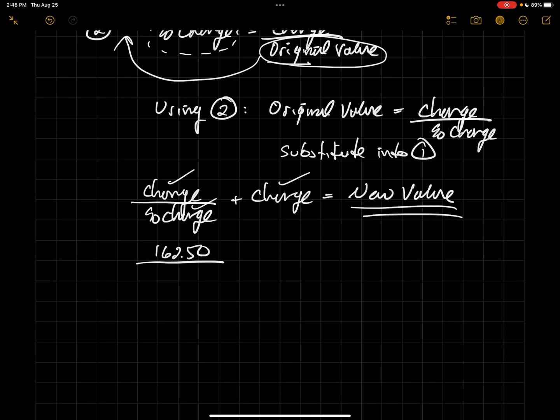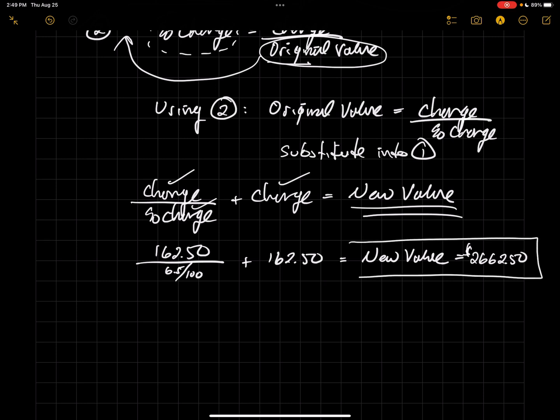The percent change is 6.5%, which remember is 6.5 divided by 100, plus the change, which is 162.50, and that equals the new value. So when I go ahead and calculate all of this out, I get a new value that is equal to 2662.50. And so that is the new salary after the raise has been put into place.